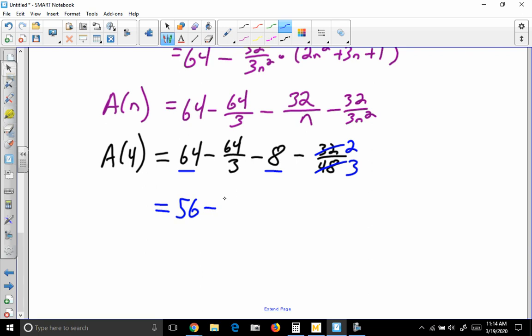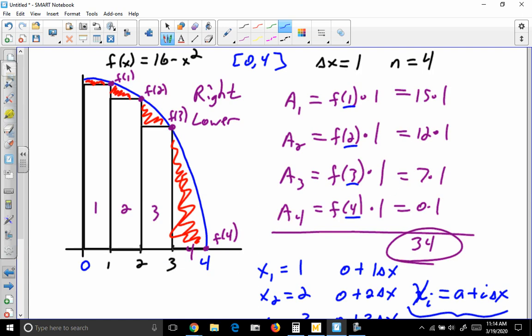So minus 64 minus 2 is minus 66 over 3. 66 over 3 is 22. So we get 34 for that. So that's the area when we have 4 rectangles and we're doing a right-handed sum. So if we go back to where we did the right-handed sum, notice we got an area of 34.